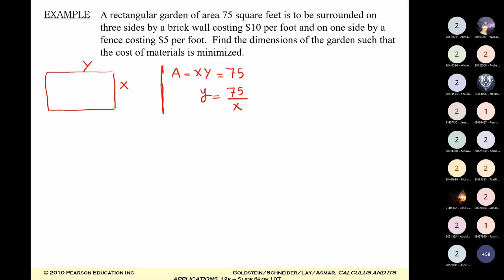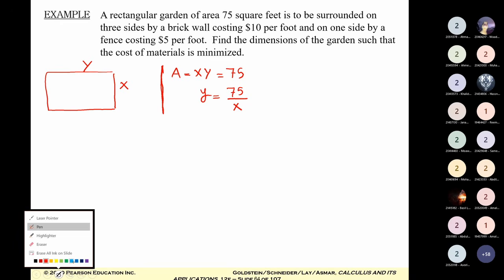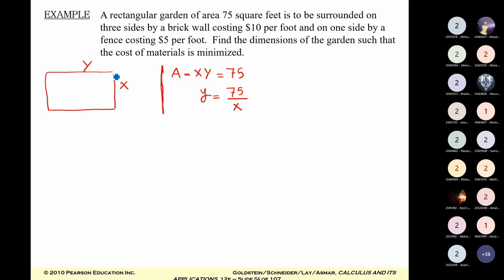Now, the garden is to be surrounded on three sides by a brick wall costing 10 per foot. So we have three sides, for example, like this. This is the first, this is the second, and this is the third.